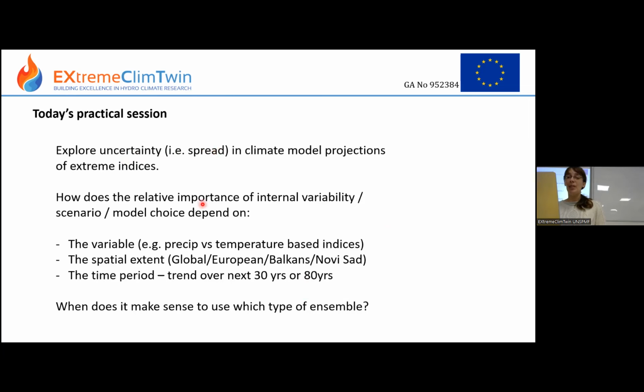We're going to see how the relative importance of these sources of uncertainty, so internal variability, choice of scenario, and choice of model, depends on the variable you're looking at, like precipitation versus temperature-based indices, the spatial extent, so the global mean versus European mean versus Balkans mean versus Novi Sad grid cell, and also the time period, so how much difference does it make if we look at a trend over the next 30 years compared to the next 80 years? And we can think about when it makes sense to use which kind of model ensemble.